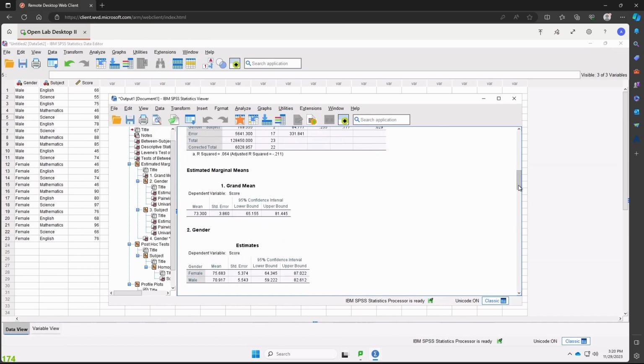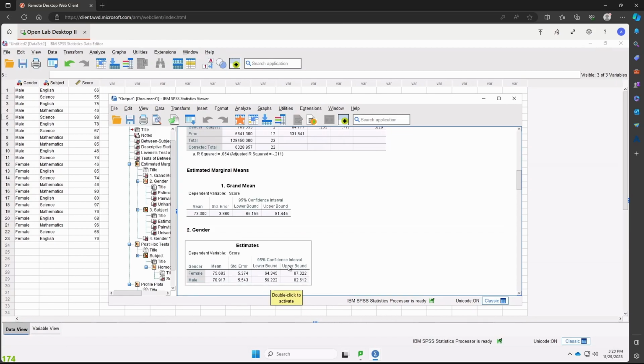And moving on, we can see the grand mean. And we have the result for the subject levels, and we have the estimates for the subject.